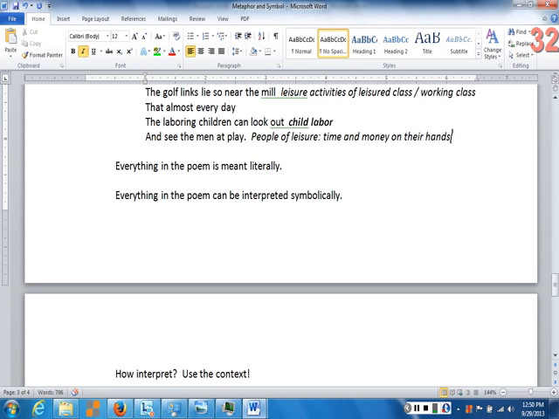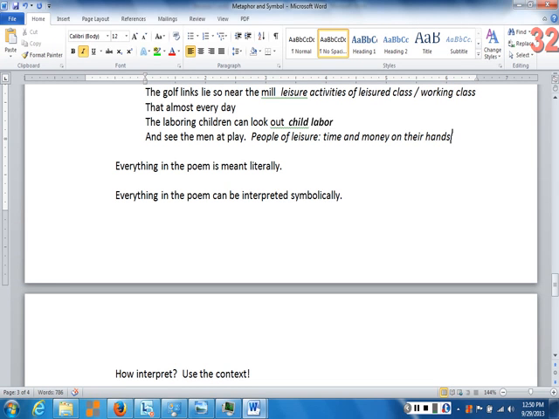Okay? And why can they do that? They're not being tied the way a metaphor is to any specific meaning. Metaphor is tied to a specific meaning. It's tied to a specific object, right? A symbol is not. All right? A symbol is open to interpretation.